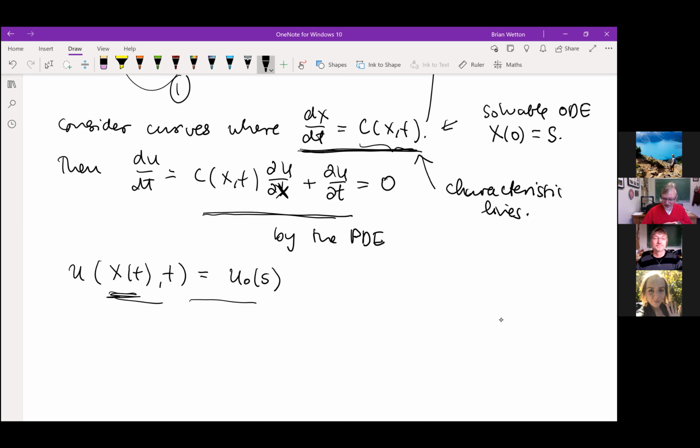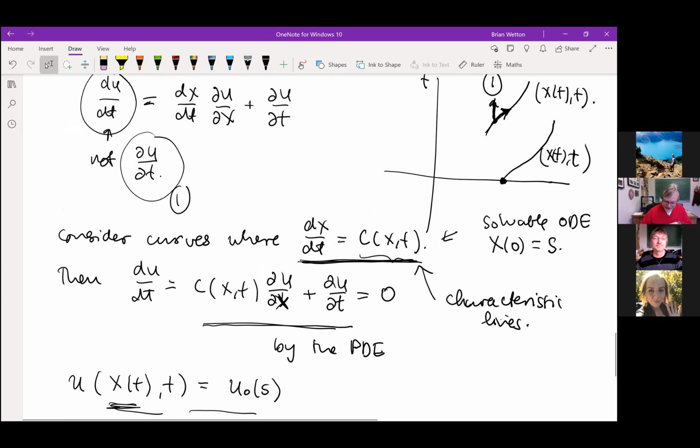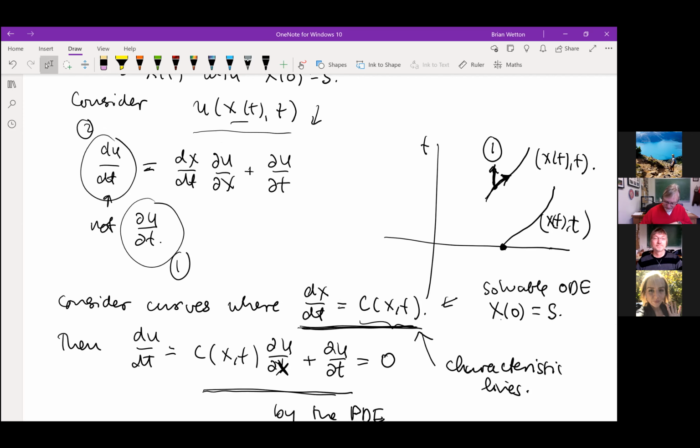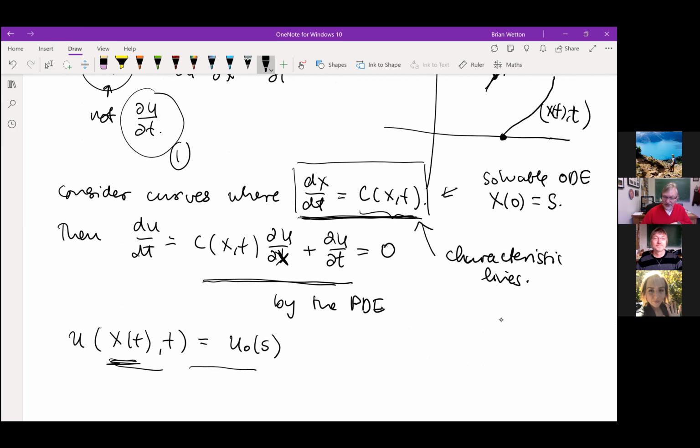I only have to solve ordinary differential equations. I just have to solve an ordinary differential equation for the characteristic paths. And then I have to solve an ordinary differential equation for the behavior of the solution on those characteristic paths.